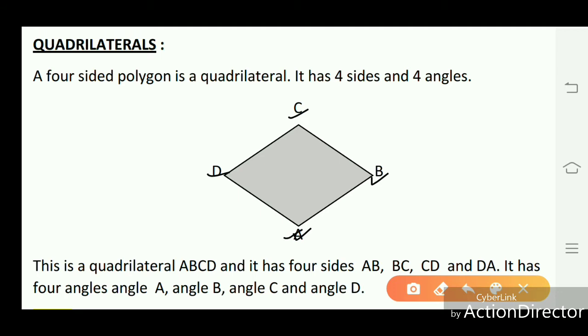And it has four angles: angle A, angle B, angle C, and angle D.